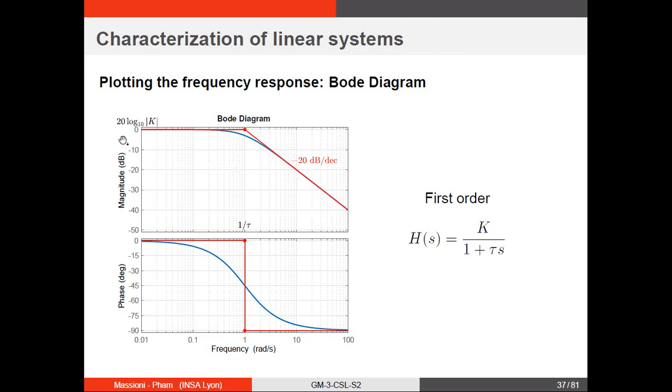So basically they rely on some segments of straight line that are useful to have a rough idea of how the Bode diagram will behave, and then we can expect the real diagram to just be the approximation, the spline, if you wish, of these asymptotes.